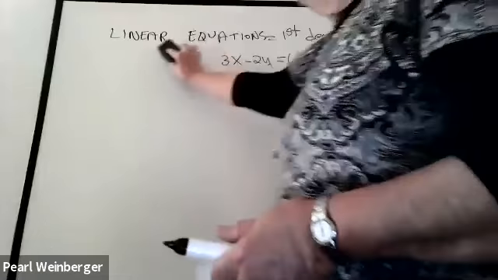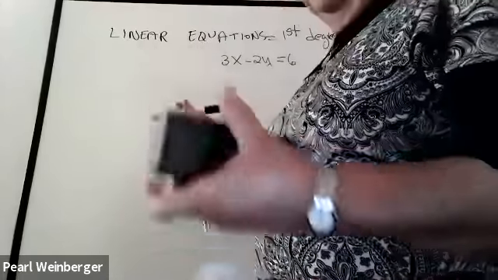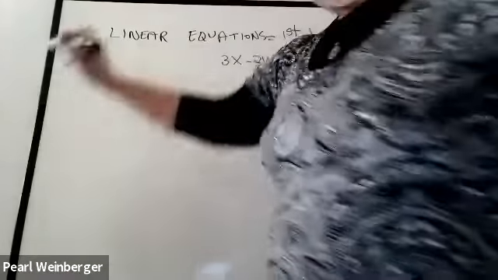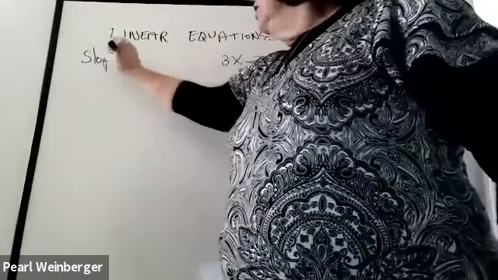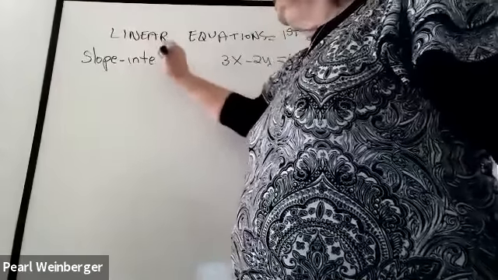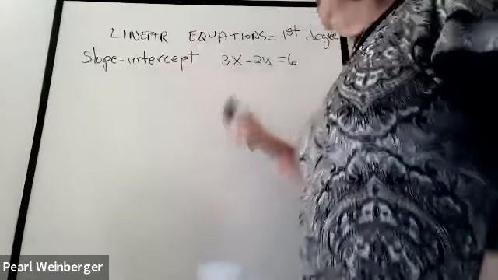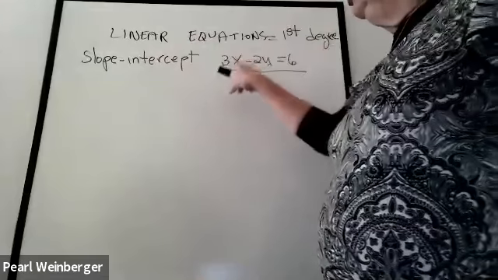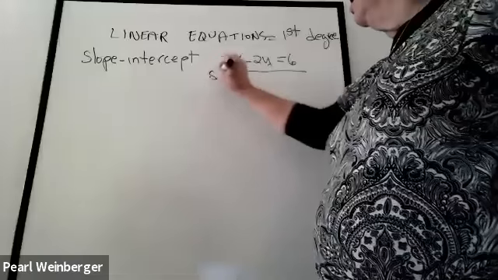Okay, so now we're going to redo the same problem. You'll see we'll get the same exact line using the slope-intercept method. The way I presented this equation to you is what we call the standard form of the equation.